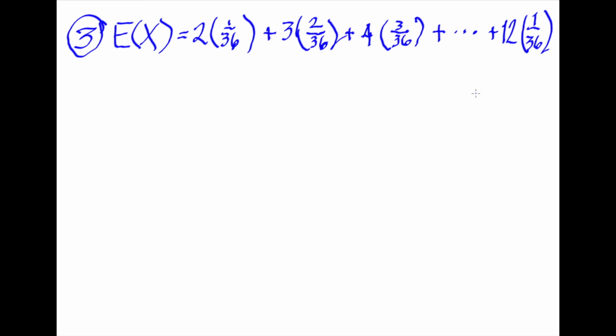So if we're going to be thorough with this, 2 times 1 over 36 is 2 over 36. 3 times 2 over 36 is going to give us 6 over 36. 4 times 3 is going to give us 12 over 36. And then 5 times 4 is going to give us 20 over 36. Plus, well, the next one is 6.